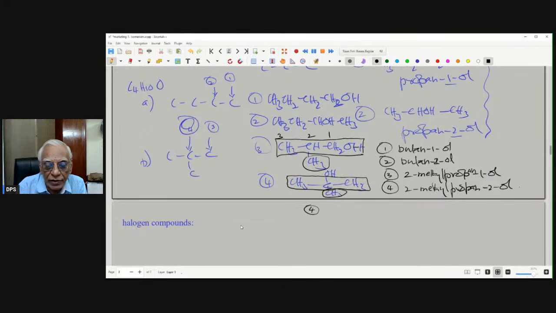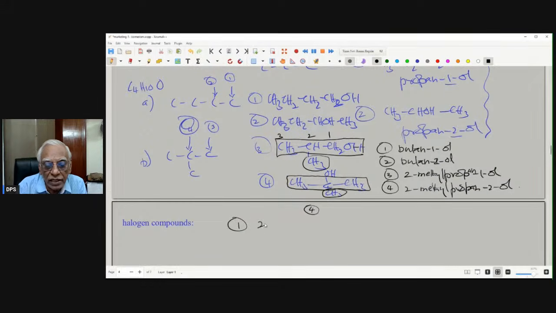What is the relationship between 1 and 2? And that's an IIT question. 1 and 2 have got the same carbon chain. So, position isomers. The number alone changes, the name is the same, so they belong to position isomers.